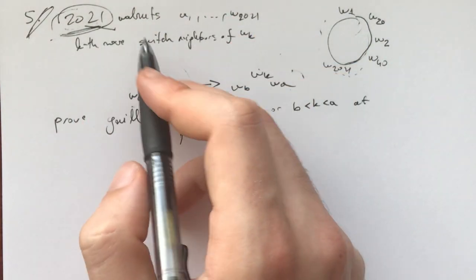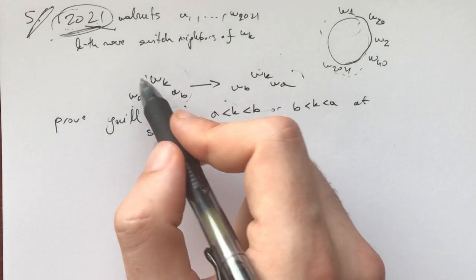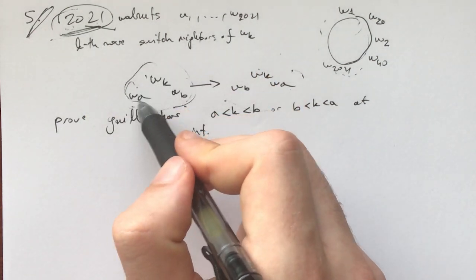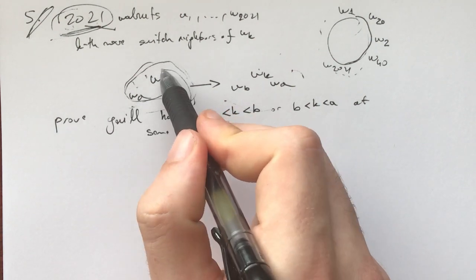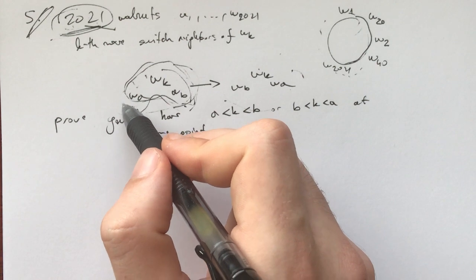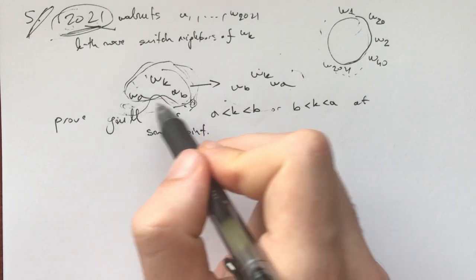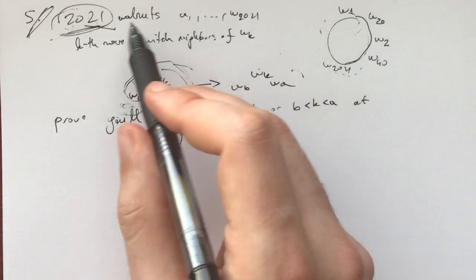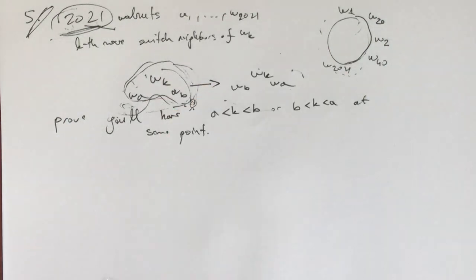It can be important because of its divisibility by 2, perhaps, because we're switching 2 walnuts. Divisibility by 3, because this is a process that takes on 3 walnuts, or maybe even divisibility by 5, though that's less likely because there are also these adjacent walnuts to WA and WB that are having new neighbors. So those might be some reasons why 2021 is important.